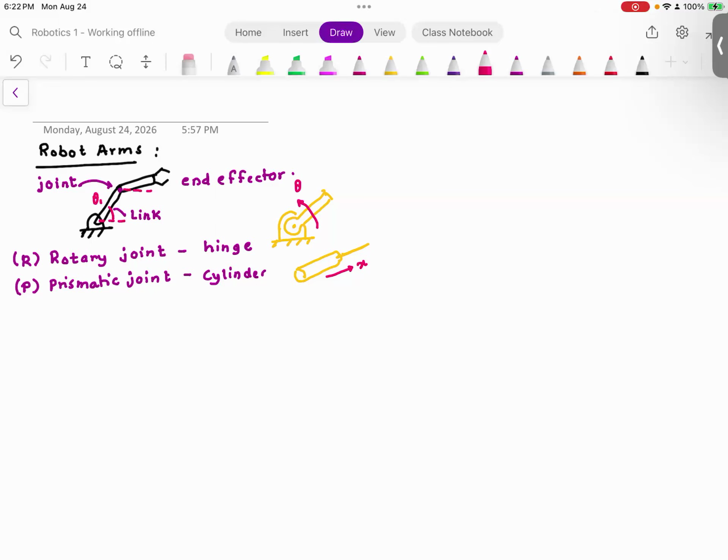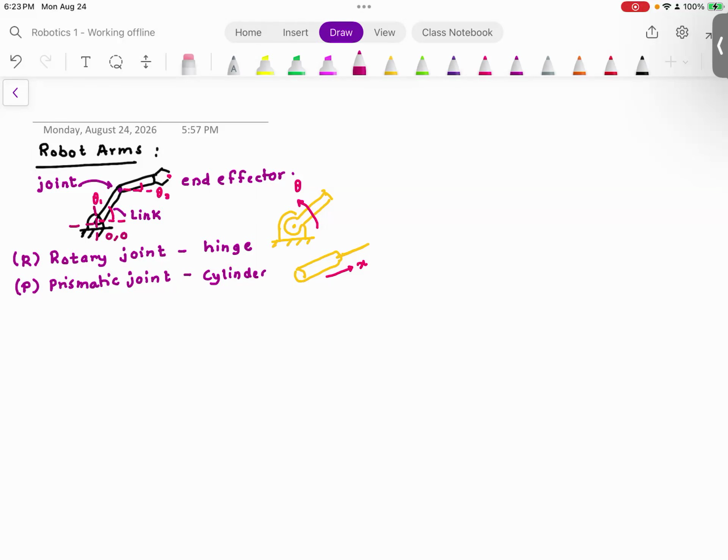This robot joint is θ2. And you have a position of the end effector. Now, as a roboticist, I want to know where the end effector is with respect to my 0, 0. If this is my 0, 0, my world frame, my fixed coordinate, I want to know where the end effector is.